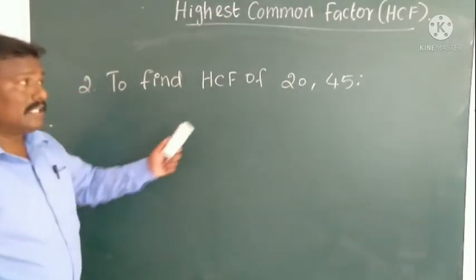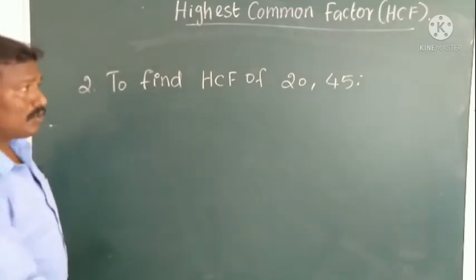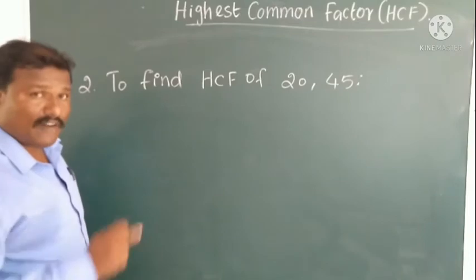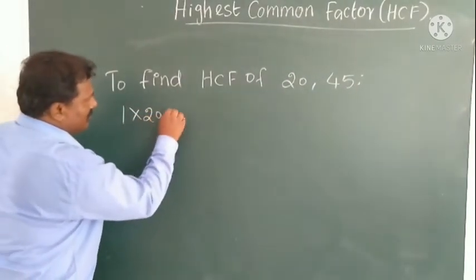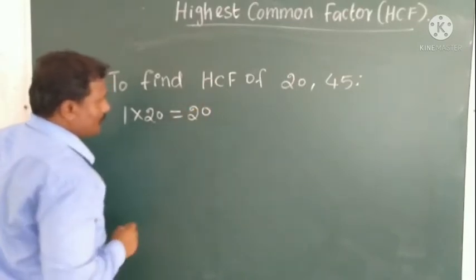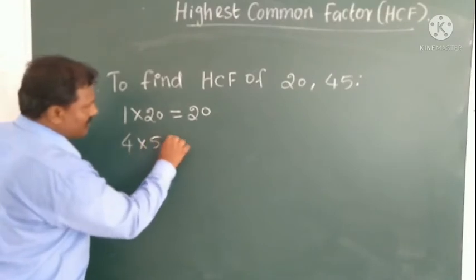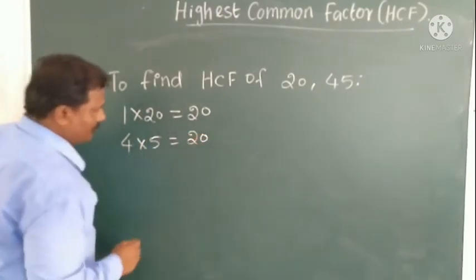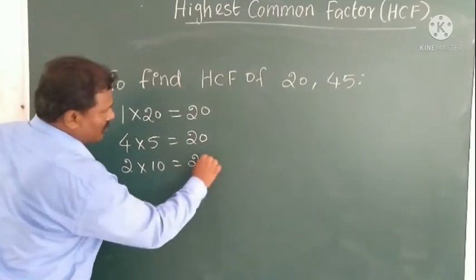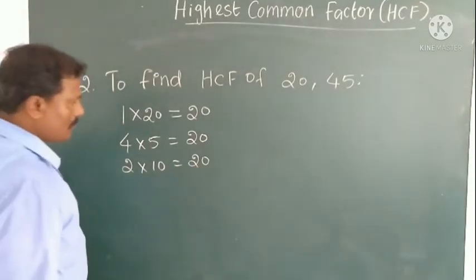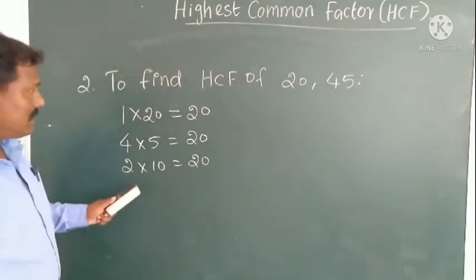Now I am going to find the factors of 20. You know very well how to find the factors of a given number. 1 twenty is 20, then 4 fives are 20, then 2 tens are 20. I think this much only factors.